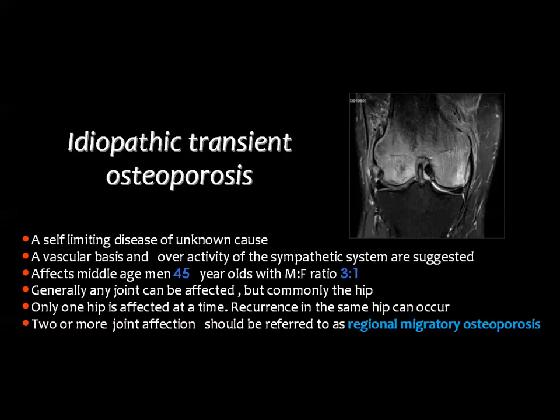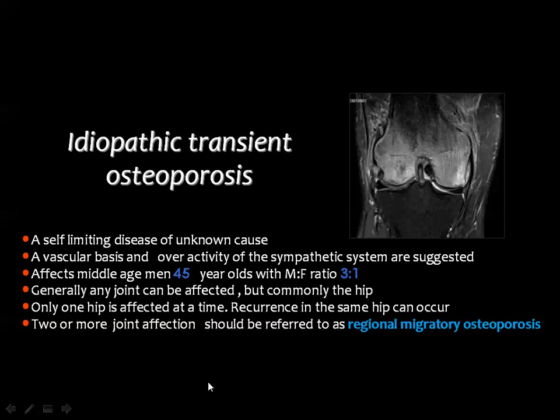But on MRI, which is the modality of choice for diagnosis, you get bone marrow edema, low signal in the T1 and high signal in the T2 and STIR, and this is confined to a bone near one of the joints, commonly seen in the hip, but can be seen in the knee and in the ankle as well.